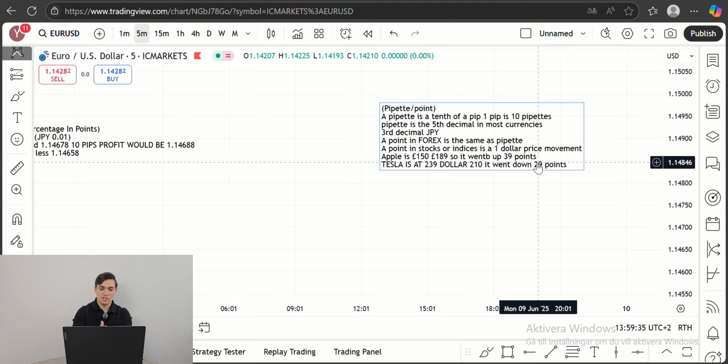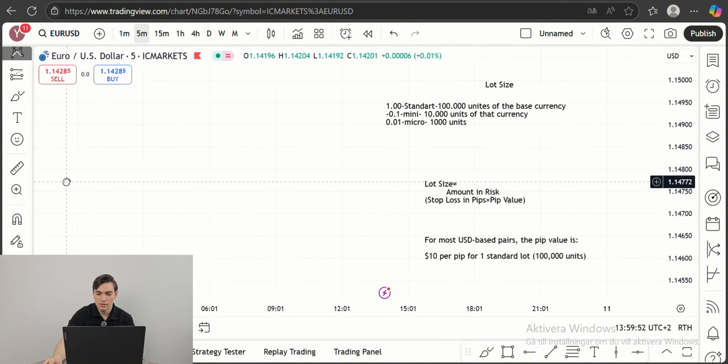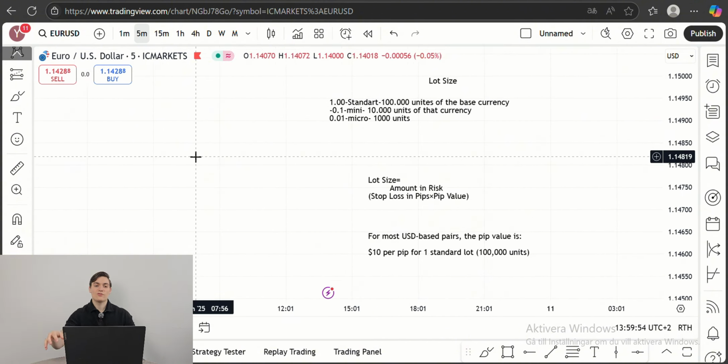That's it. So points in stocks or indices is just a $1 price movement. If it goes up by $1,000, that's 1,000 points. If it goes down by $359, that means 359 points less. Okay, that's it.